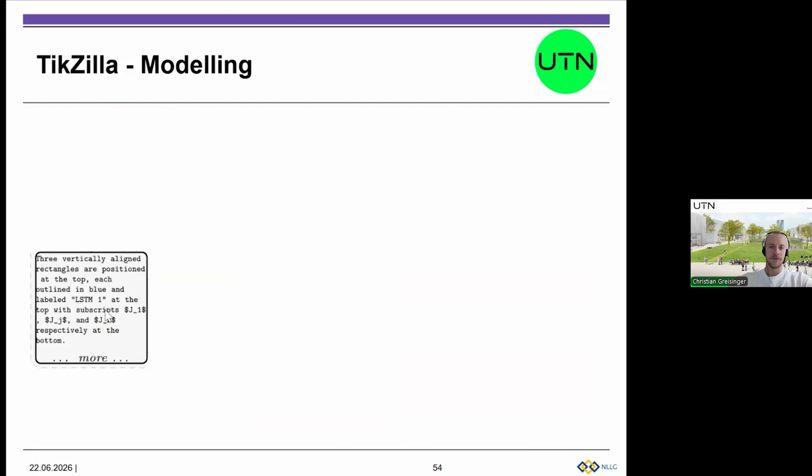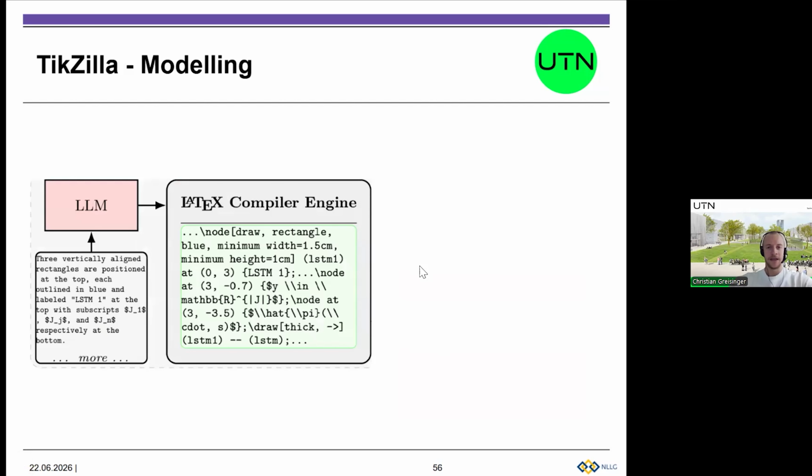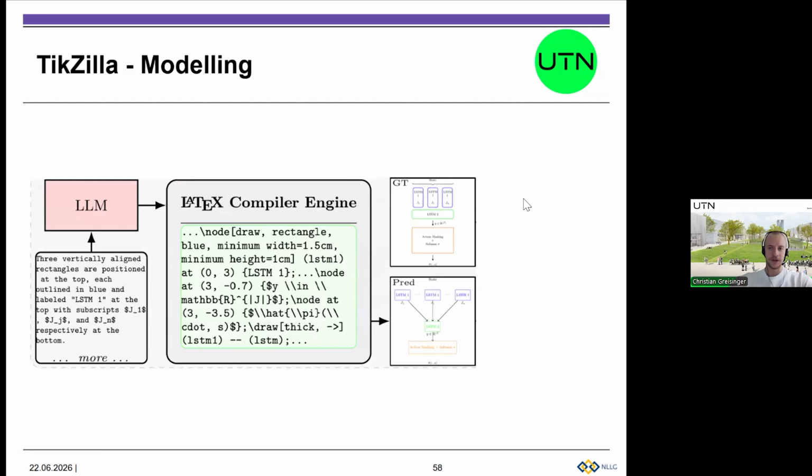For the modeling approach, we use supervised fine-tuning and reinforcement learning. The reinforcement learning step works as follows. We use our description, feed it into the LLM, and then we compile the generated code into a figure. We also have the ground truth figure available.